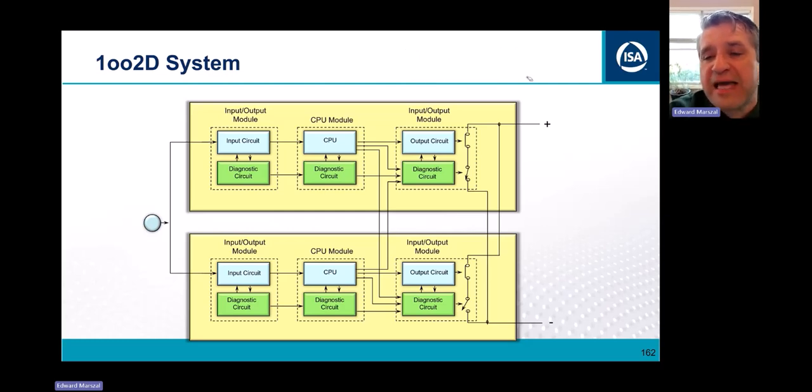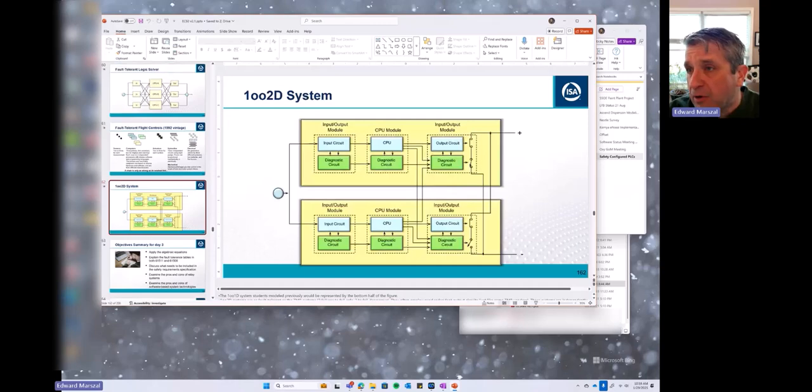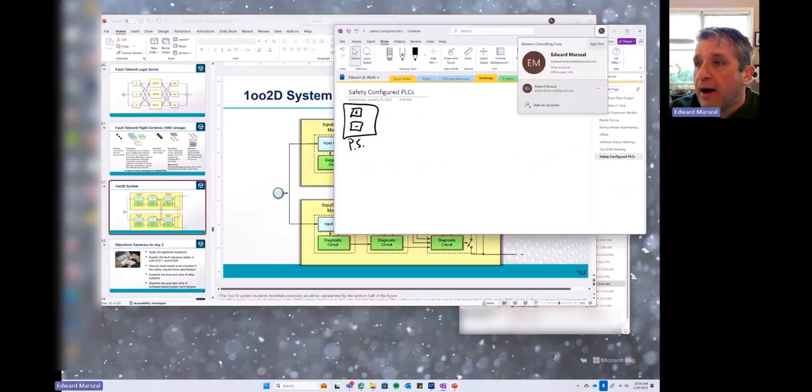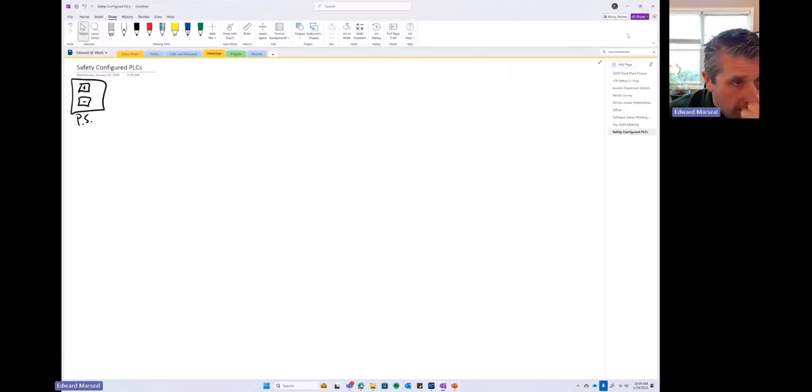So now let's get into a little bit about what this work is. What's going on in the diagnostic circuitry? What is actually happening? So I'm going to escape out of here and bring up OneNote, and I'm going to have a few things to talk about for safety configuration.